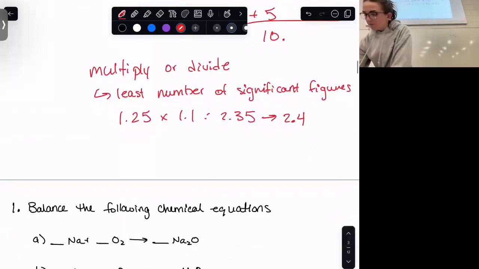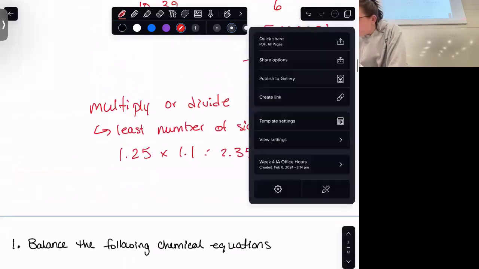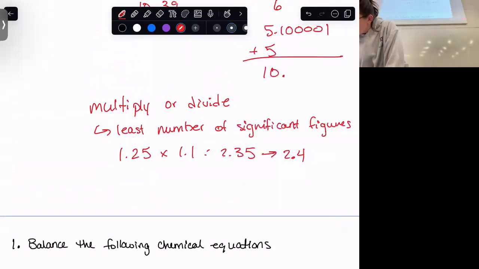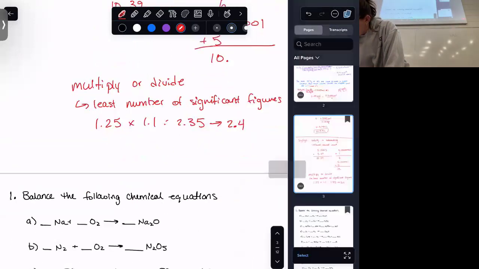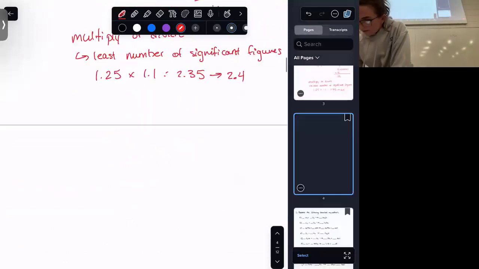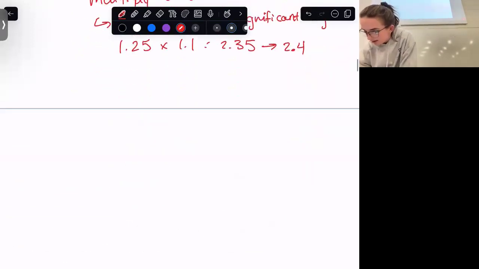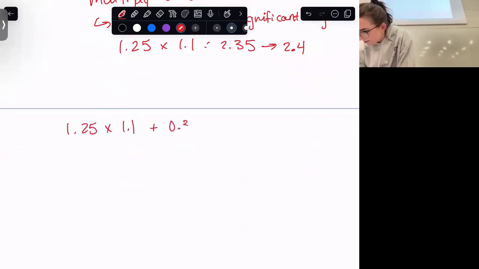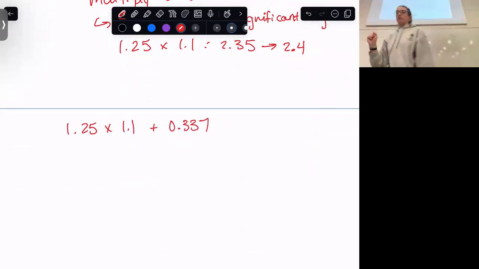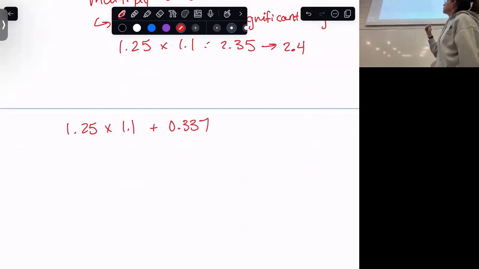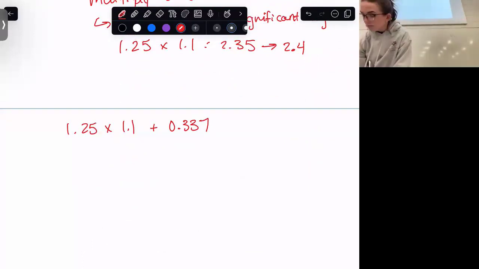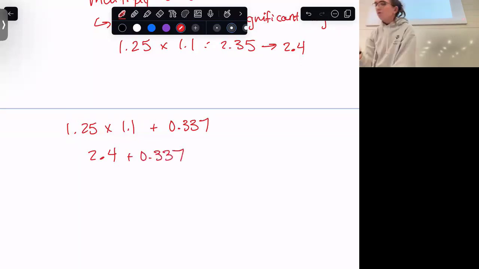So if we have something like this, we're going to first follow PEMDAS. We're going to do 1.25 times 1.1, and we would get 2.4, right? Because we just solved that. And now it's going to be plus 0.337.